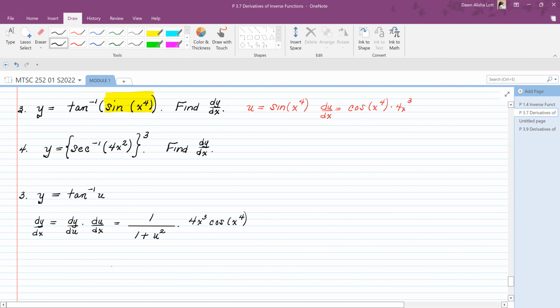You put the sine x to the fourth in. Exactly. Awesome. So I get 4x cubed, the cosine of x to the fourth.